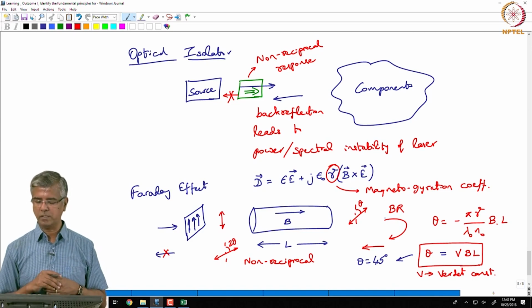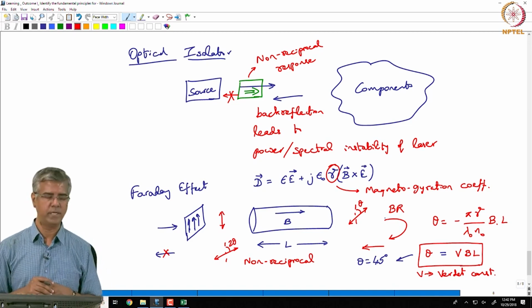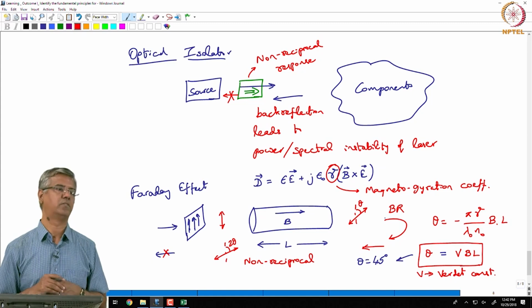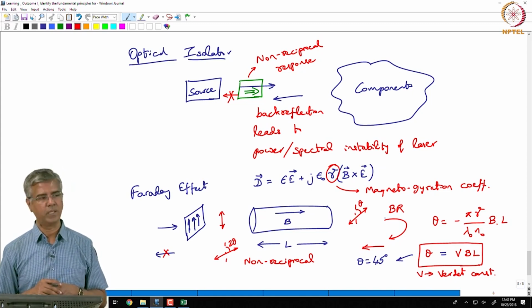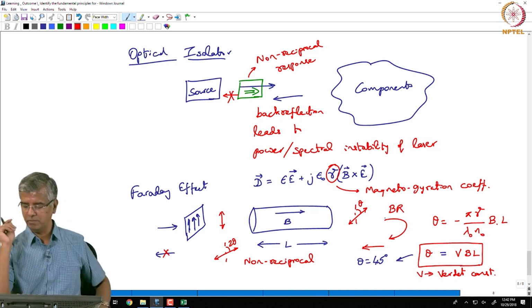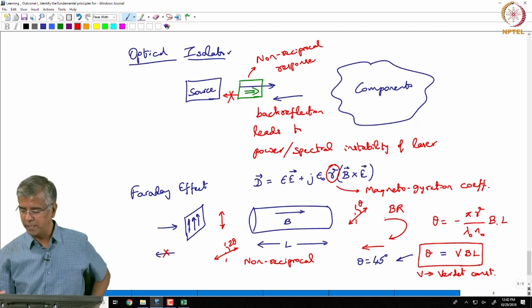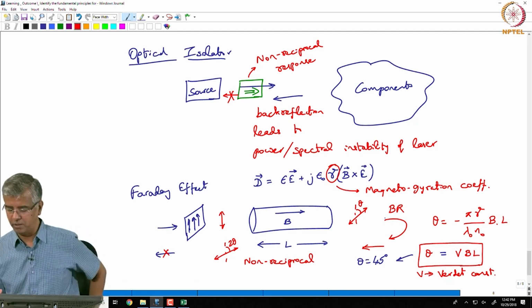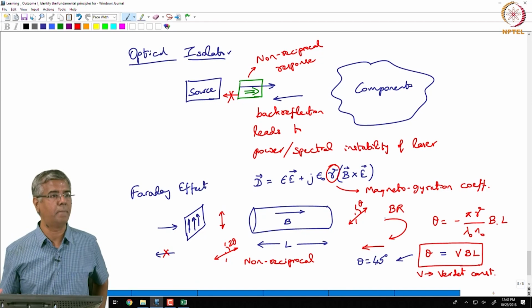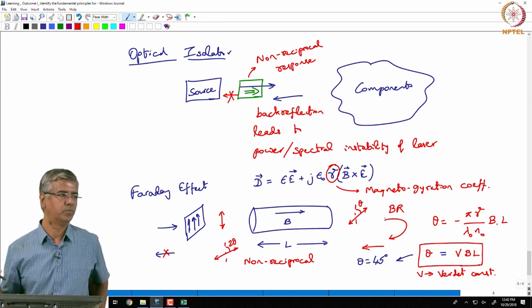So, the question is, yes, this would work only if theta is 45 degrees. Yes, to get maximum isolation, you need to have theta set at 45 degrees. And there is something very important about this. You go back and look at the Verdet constant. The Verdet constant is inversely proportional to lambda, the wavelength of the light that is going through.